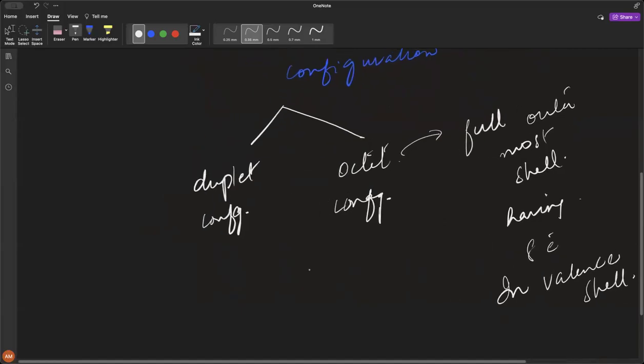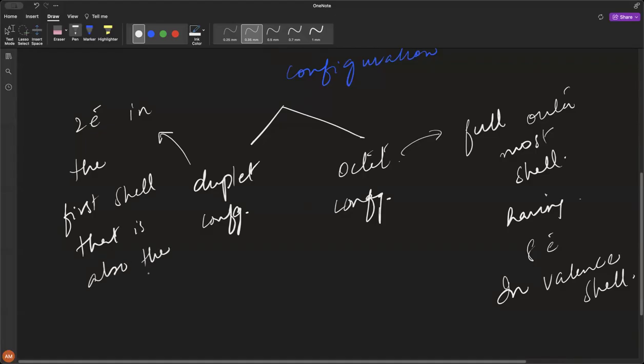Duplet configuration is having 2 electrons in the first shell that is also the last one.